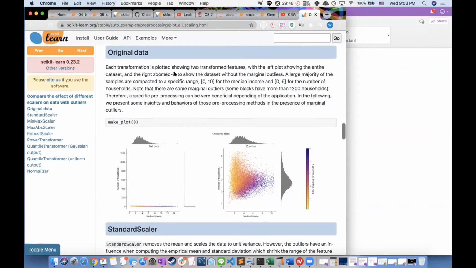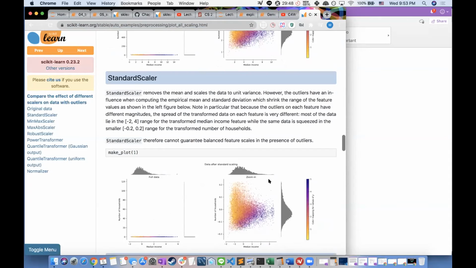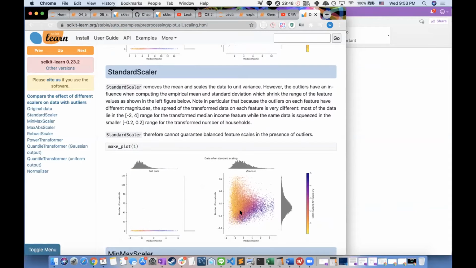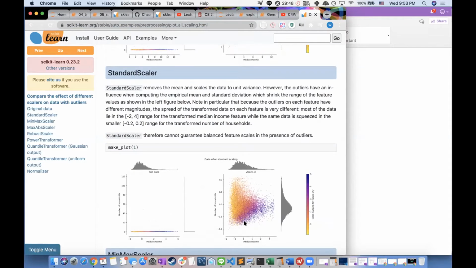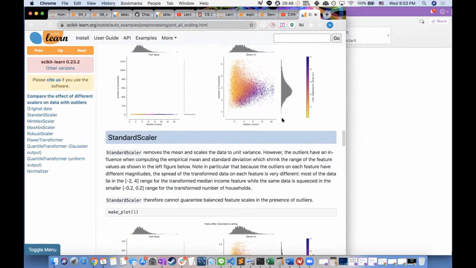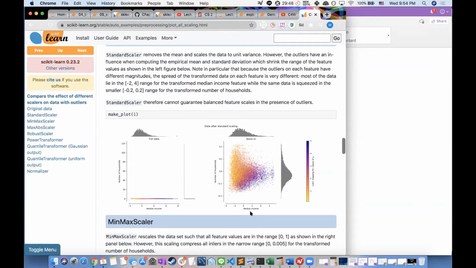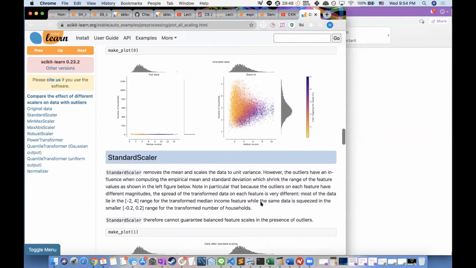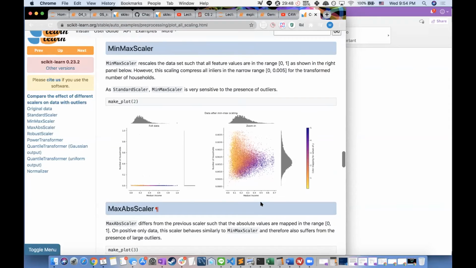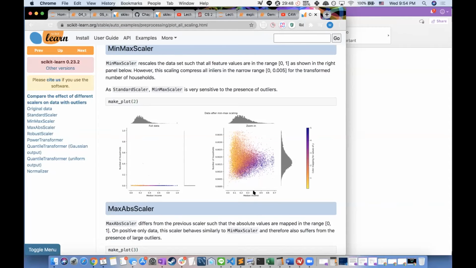Like if your original data looks like this, and the median income ranges from this to that, after the StandardScaler it would look like this. And the MinMaxScaler would look a lot smaller in terms of the range.